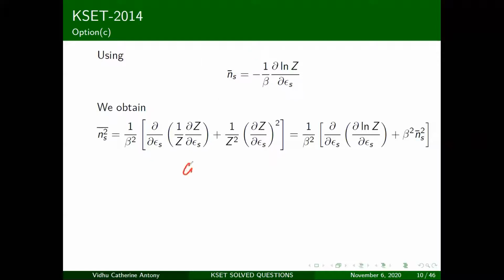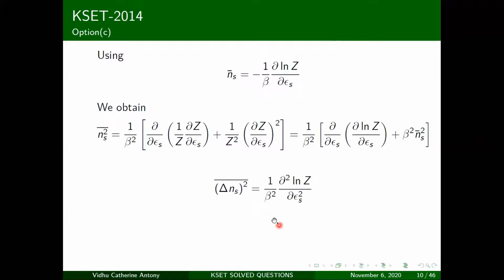You need to convert ns squared average. Just a second. Yeah. So ns squared average, you need to convert this into ns bar. And basically here you would realize that you get an ns bar squared.